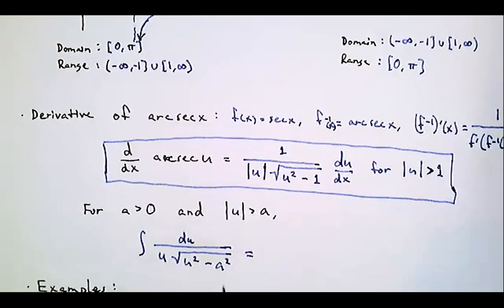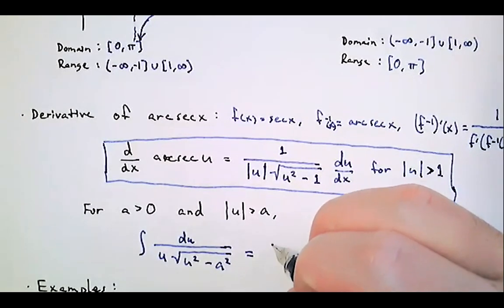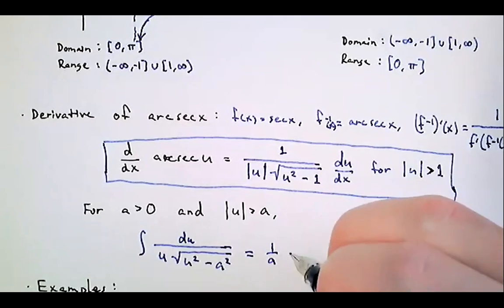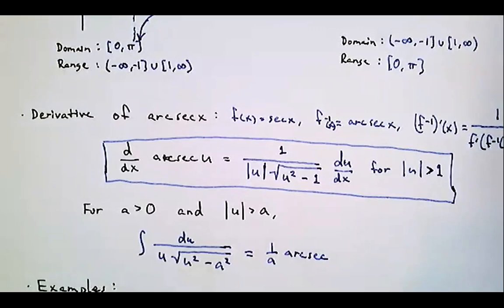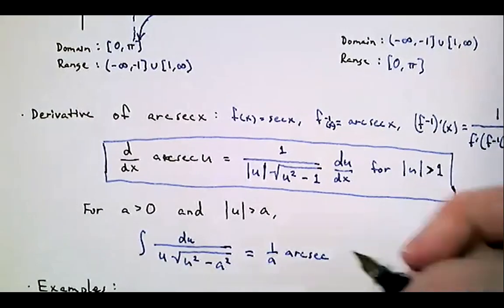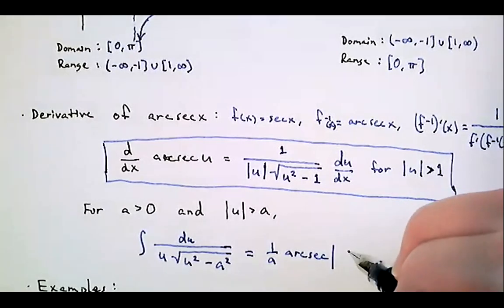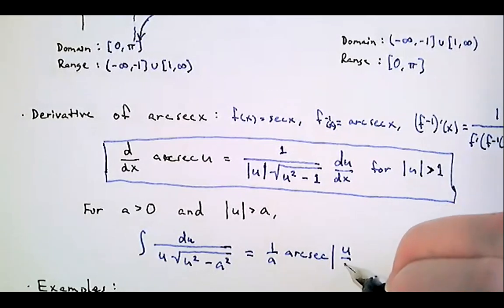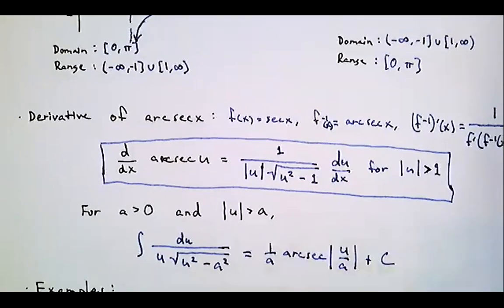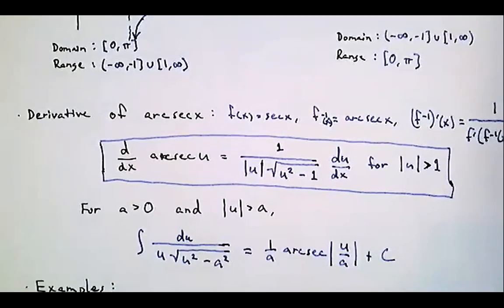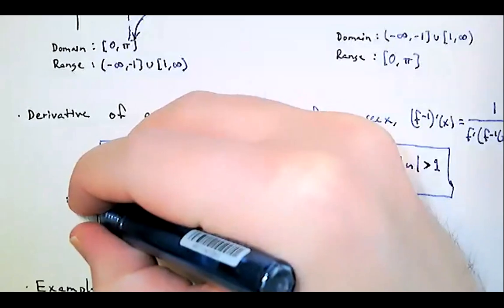But since I added in this extra constant, we have to divide by a in the front. And we also have to divide by a inside of the arcsecant function. So this is the integral rule.